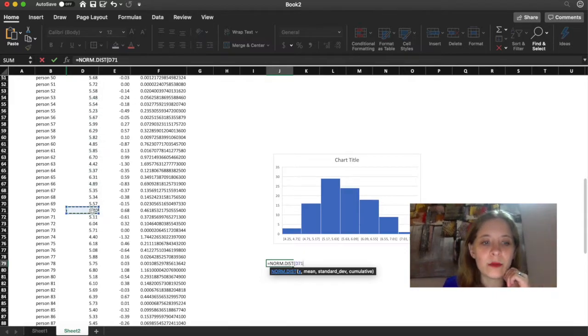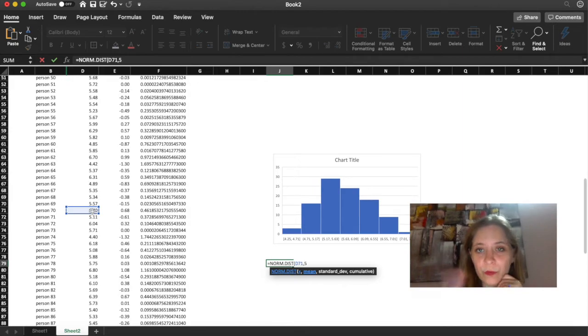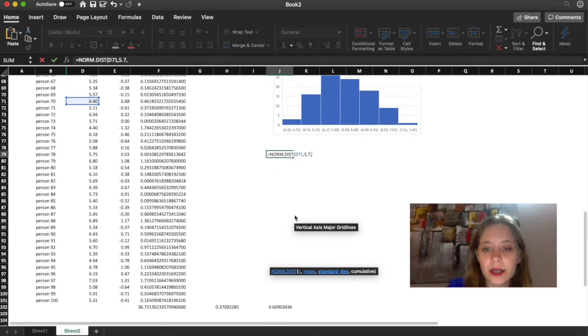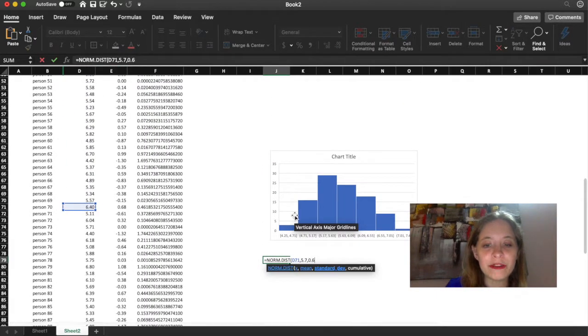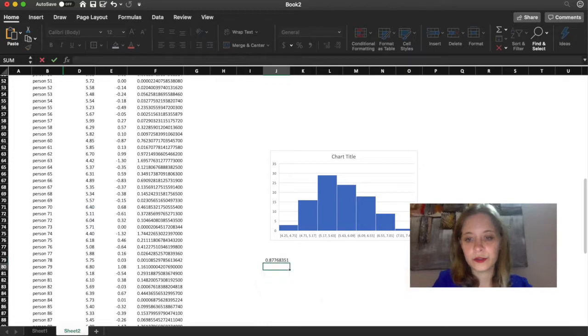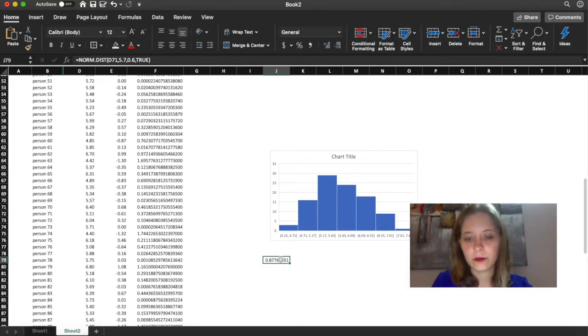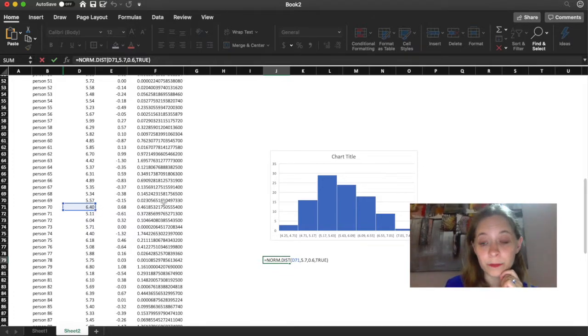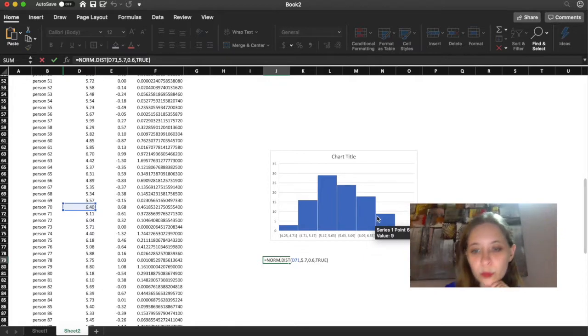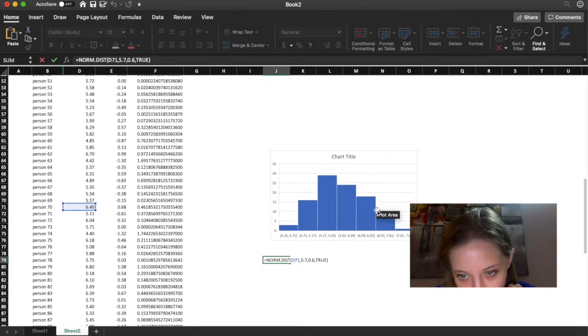I'm going to grab whichever value I'm interested in. We know that the mean for this sample is 5.7, so I'm just going to plug it in. And we know the standard deviation was 0.60. We want it to be cumulative. So the value that we selected here is 6.40, and it would lie around here.